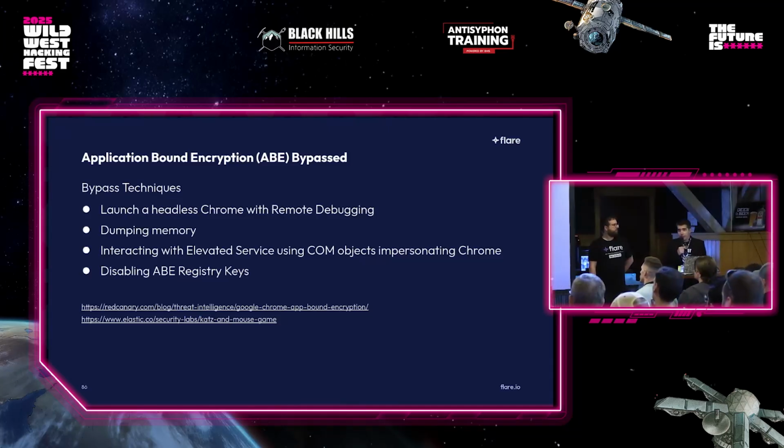Or you can disable application-bound encryption in the registry, kill all Chrome processes, the user will relaunch Chrome, and the ABE will be gone. So these are all the techniques that we saw in the wild, and I put some references. Red Canary did an awesome job at cataloging some of them.